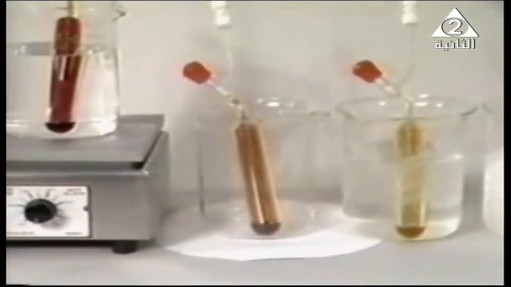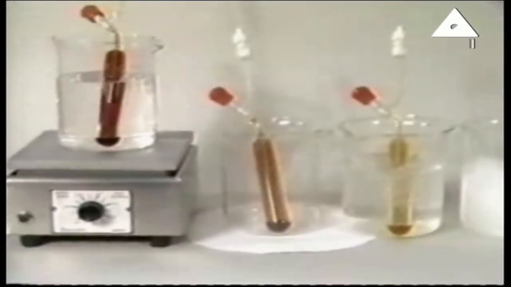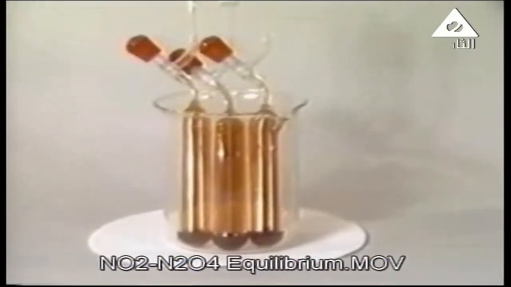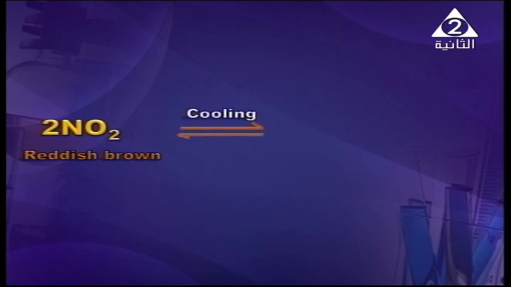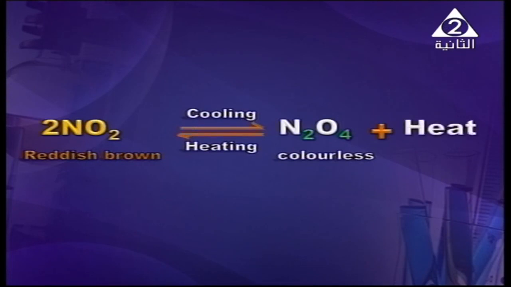As shown on the screen now, here is the effect of temperature on the equilibrium of the reaction. My dear student, as the equation proceeds on the screen, 2NO2, which is reddish brown, on cooling gives dinitrogen tetroxide, N2O4, which is colorless, and releases heat, while on heating the reaction proceeds in the backward direction, giving nitrogen dioxide gas, which is reddish brown.